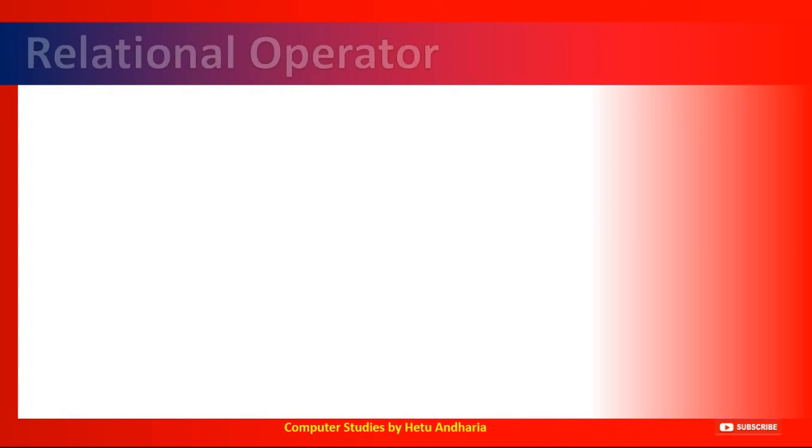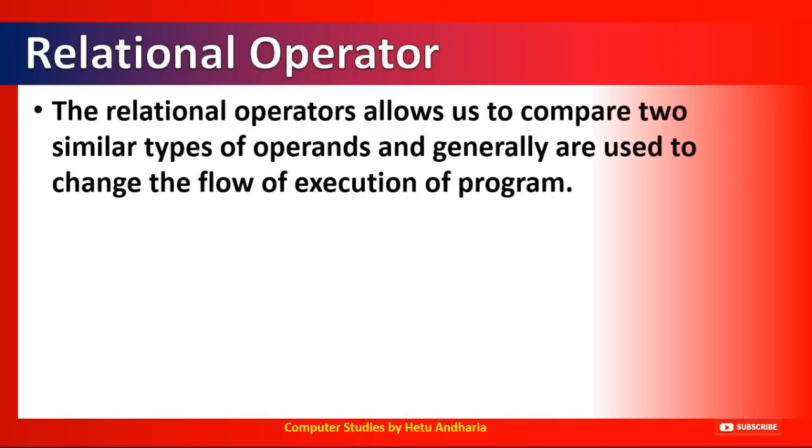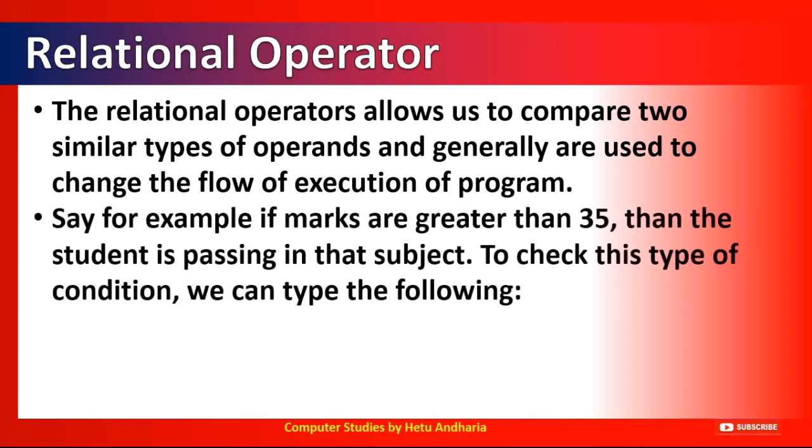Then we come to the relational operator. This operator is also going to be very, very helpful to you in the future chapters. The relational operator allows us to compare two similar type of operands and generally is used to change the flow of execution.